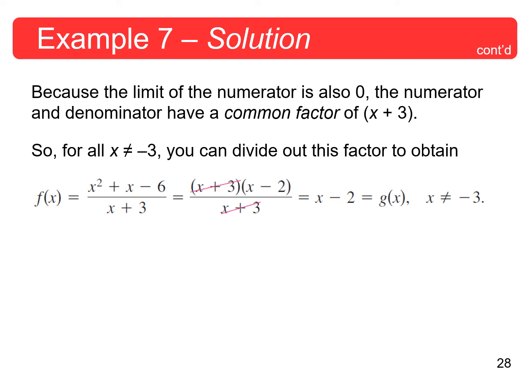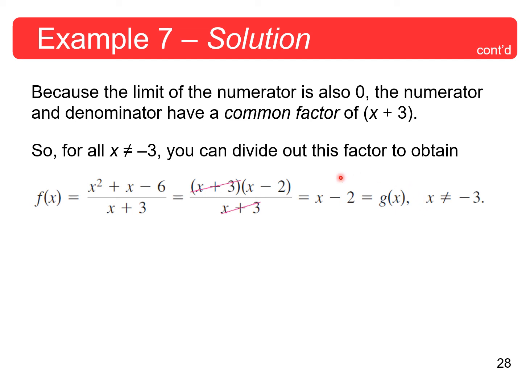You can check that the factorization of x squared plus x minus 6 is x plus 3 times x minus 2. Then you can cancel x plus 3 in both numerator and denominator. That means you divide out the common factor, and you're just left with x minus 2.